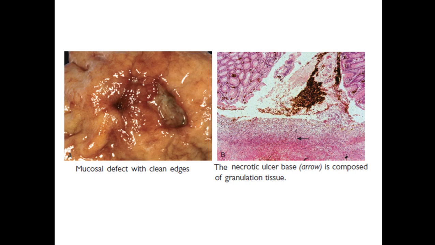While in the second picture, the necrotic ulcer base is composed of granulation tissue, and we know that granulation tissue passes through two stages. Stage of vascularization, in which we see a large number of blood vessels and fibroblasts, and then the stage of devascularization, in which we can see atrophic blood vessels and a large number of fibroblasts in the process of fibrosis, healing, and repair.